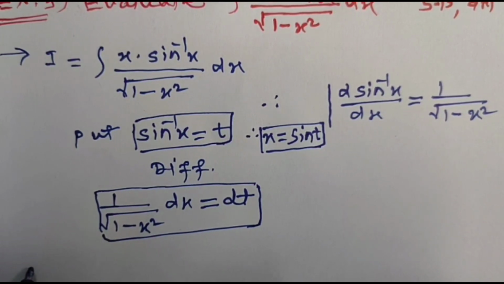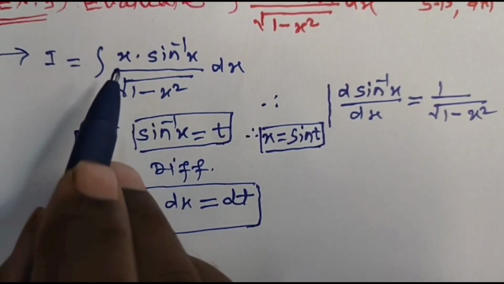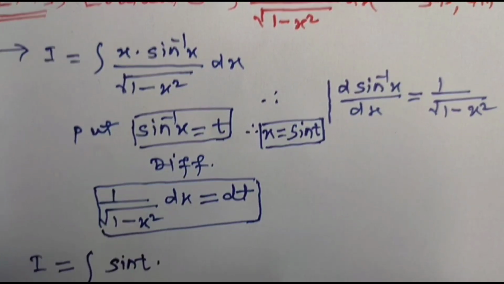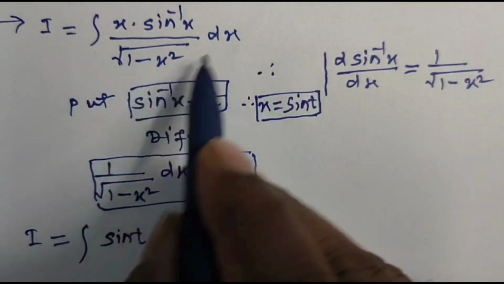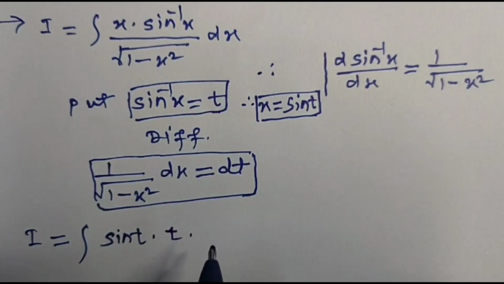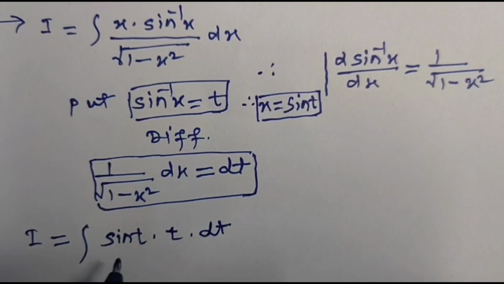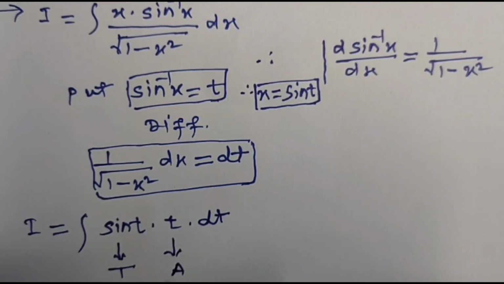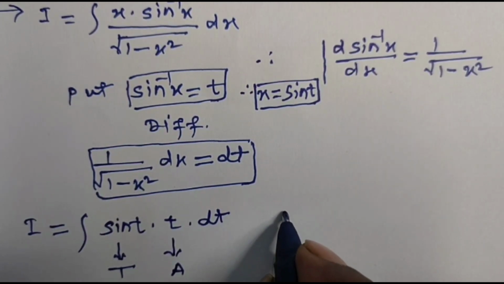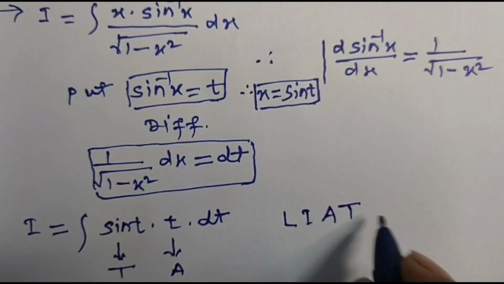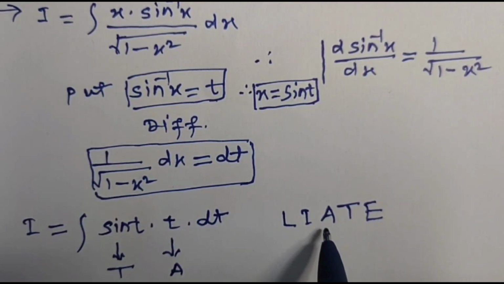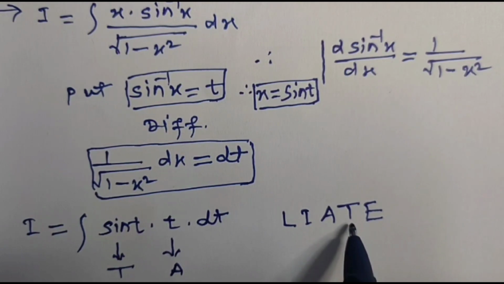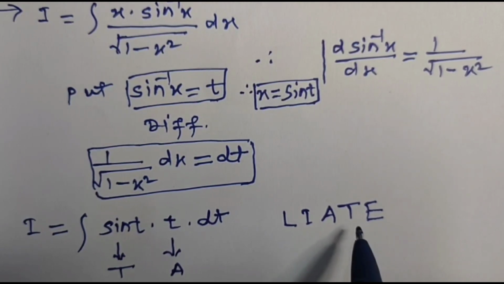Hence I is equal to the integral of sine t into t dt. Now sine t is a trigonometric function, t is an algebraic function, and you know the LIATE rule. Here the algebraic function is at the first position and the trigonometric function is at the next position.